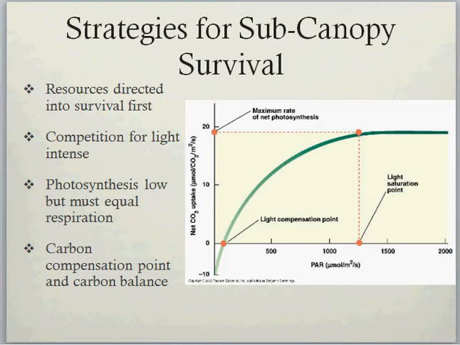So if we represent the net CO2 uptake, or the net amount of carbon effectively taken up by the plant during photosynthesis, and we plot that against the amount of light which the plant may experience, a plant will typically be below zero. In other words, they are respiring more than they are photosynthesizing, so they're actually losing carbon dioxide rather than taking it up at very, very low light levels.